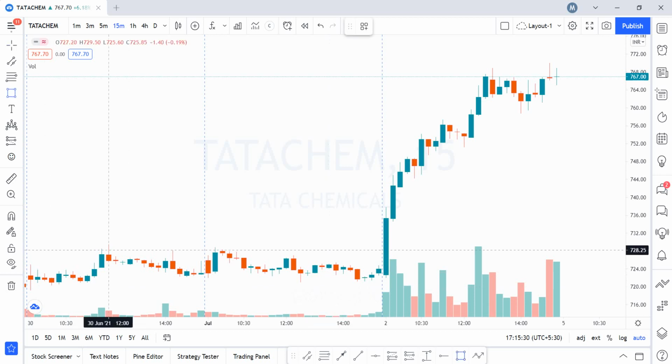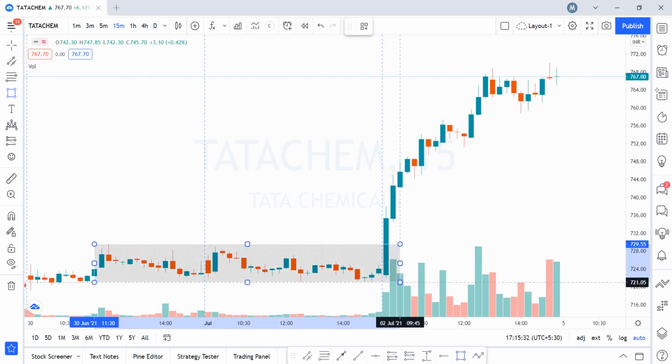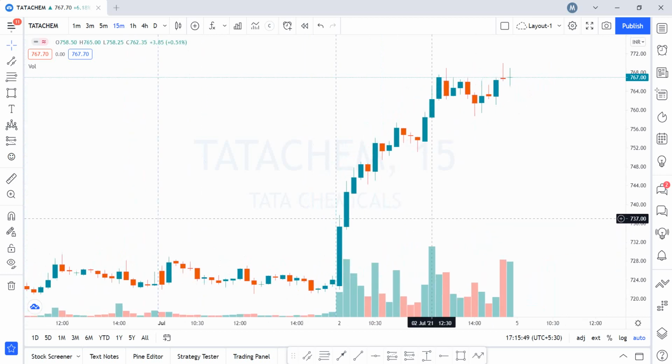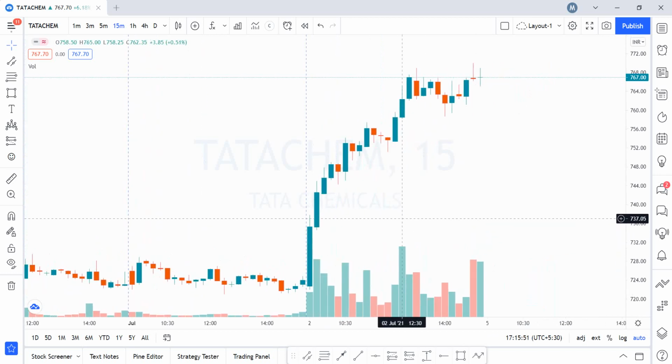If you see over here, this was a clear zone for the last 2 days on the 15-minute time frame, and out of this sideways move the stock has given a perfect breakout along with three white soldiers. So this qualifies the stock as a perfect long candidate for us to trade.